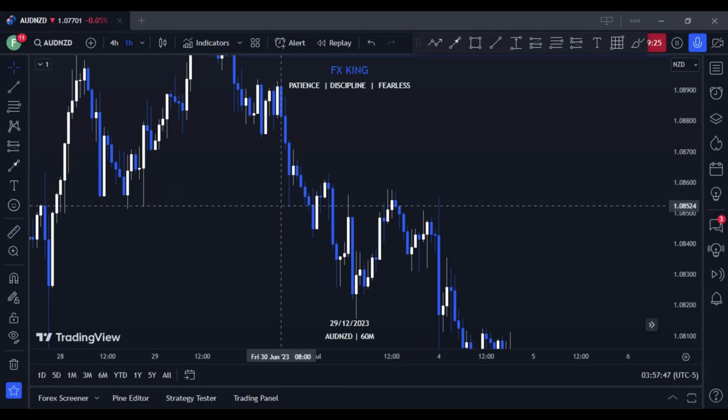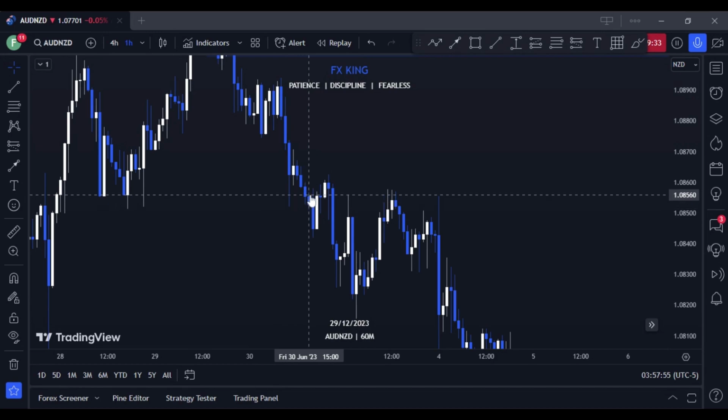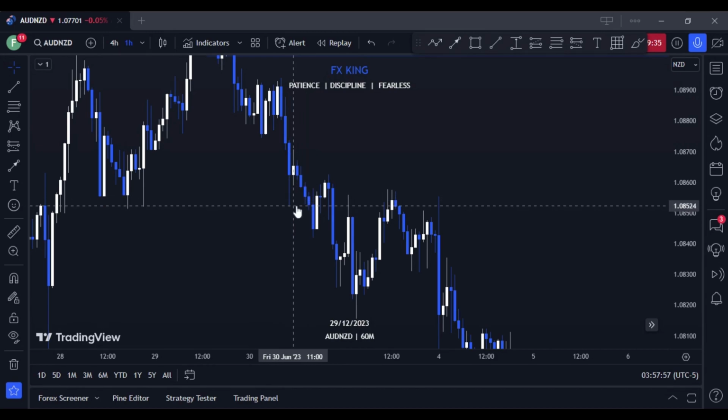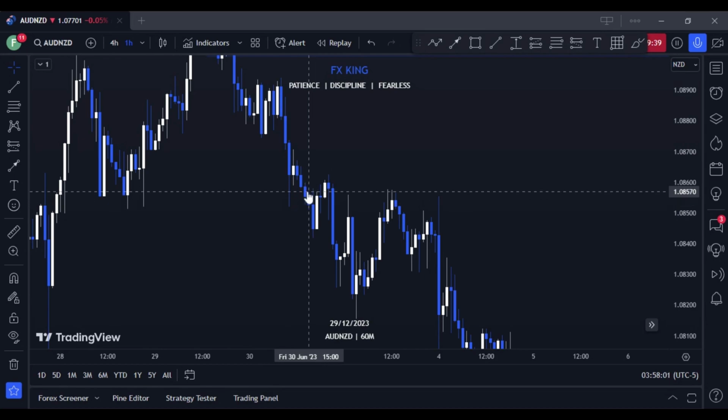So now you need to measure this low and project it. The next candle that broke this low was this candle here. This particular candle was the candle that broke this candle's low. Now where is the high? The high of the candle is here.